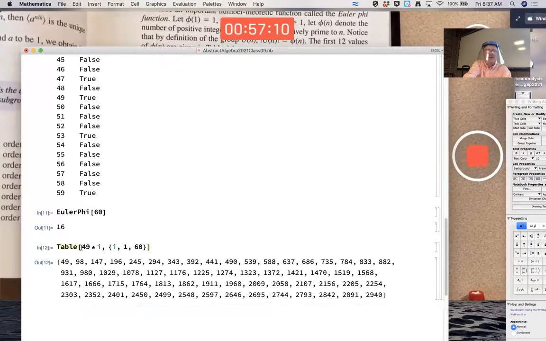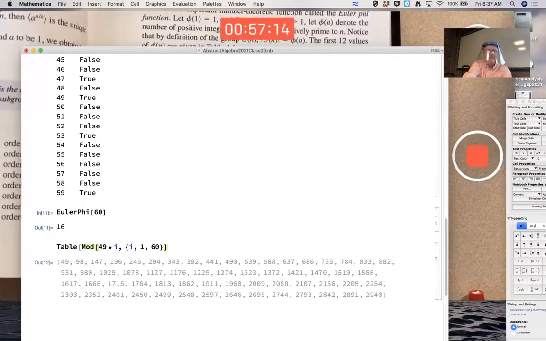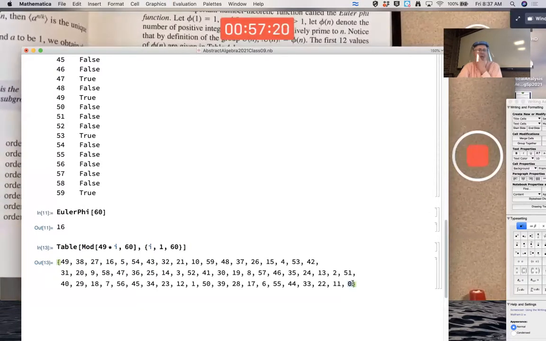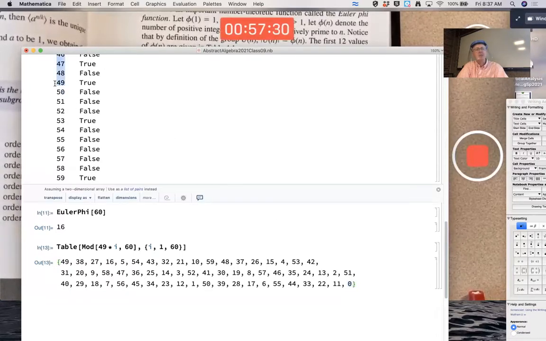I forgot to mod by 60. Yeah, only in the very last spot do you get a 0. 49 is a generator of Z60 under addition. It's also one of the elements of U60 under multiplication. Z60 has 60 elements and 16 generators. U60 has 16 elements.